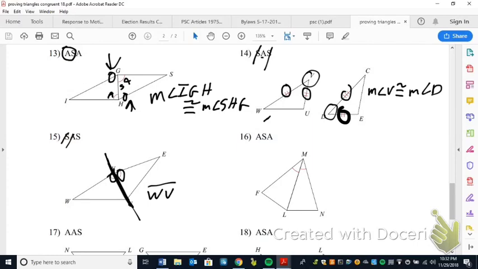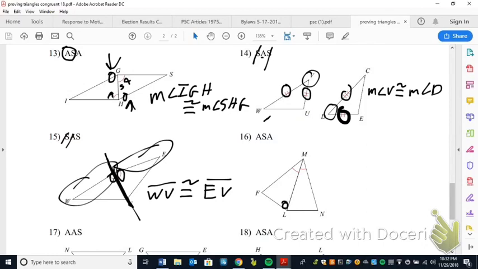So that's WV on this side and EV on this side. If we knew that those two were congruent, then we would be able to say that those two triangles are congruent by the side, angle, side postulate.